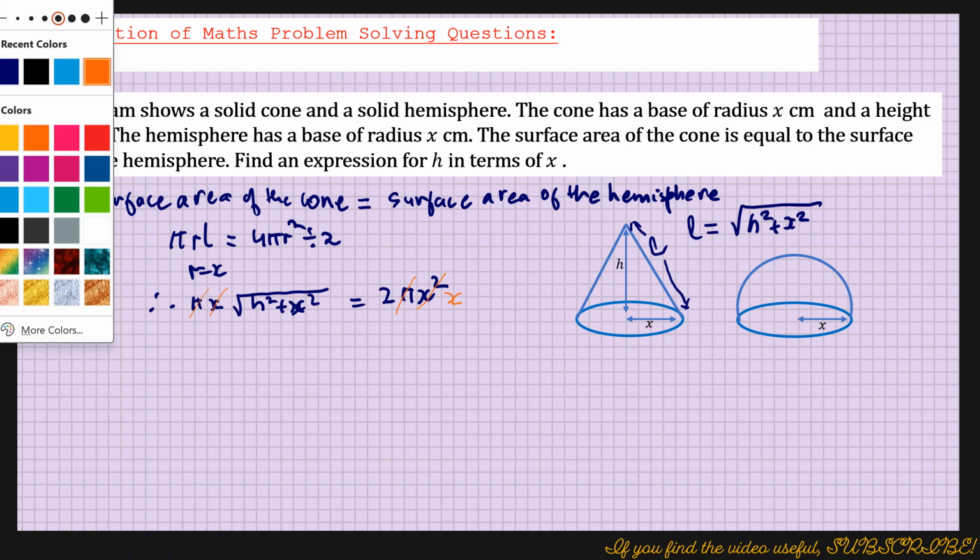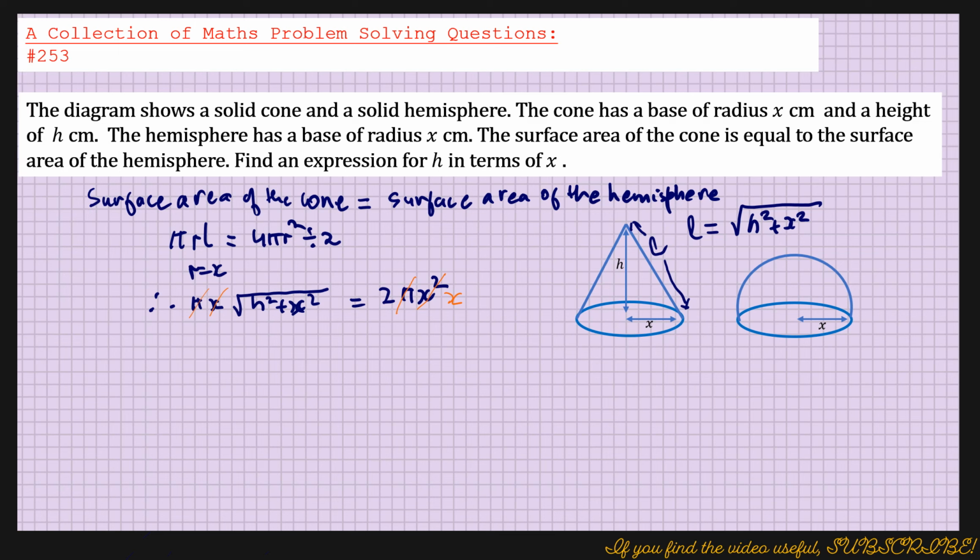So we can write the square root of 8 squared plus x squared equals twice x, and squaring both sides we would get 8 squared plus x squared equals 4x squared, or 3x squared.